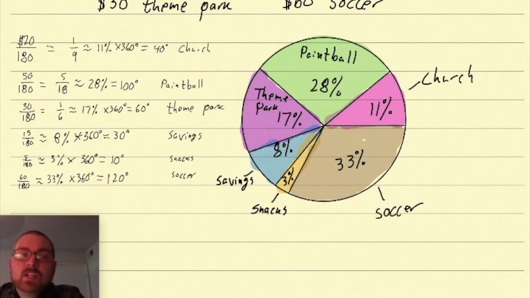So now we can really quickly tell a lot about his spending habits. He's giving just above 10% tithe to the church. His paintball gun was a single purchase, which took up a very large amount of his budget at 28%. The theme park came in with a large percentage of 17%.